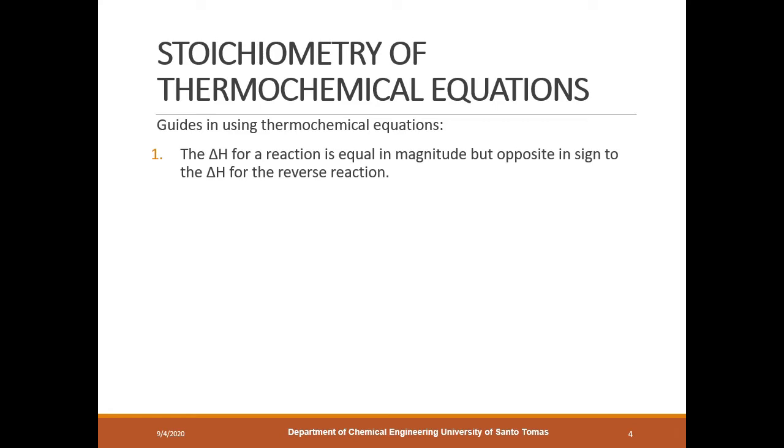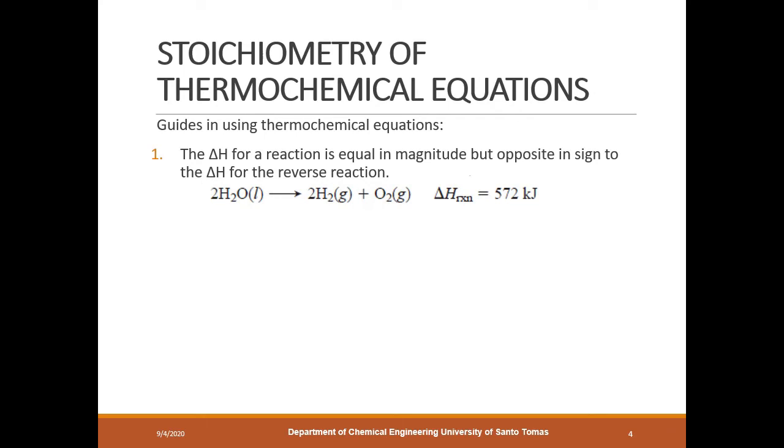The delta H for a reaction is equal in magnitude but opposite in sign to the delta H for the reverse reaction. To show this, let's say we have this reaction of water decomposing to its hydrogen and oxygen components, having an endothermic reaction of 572 kilojoules of energy.